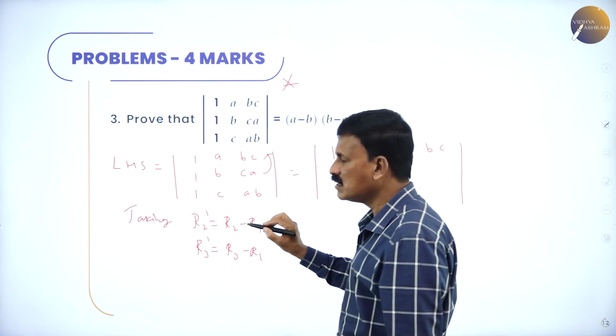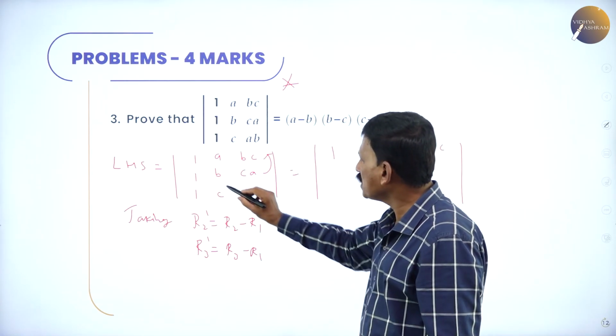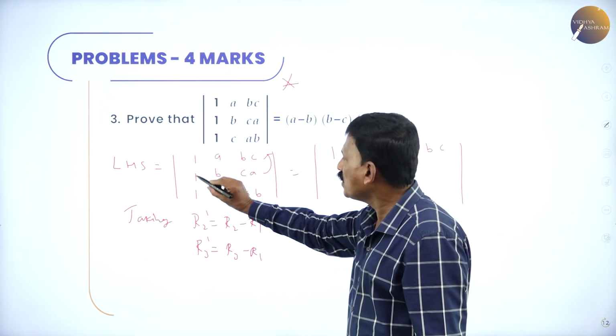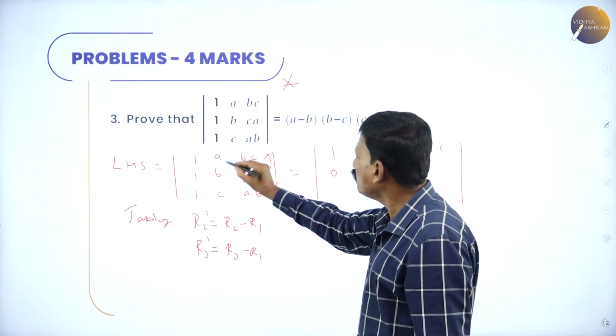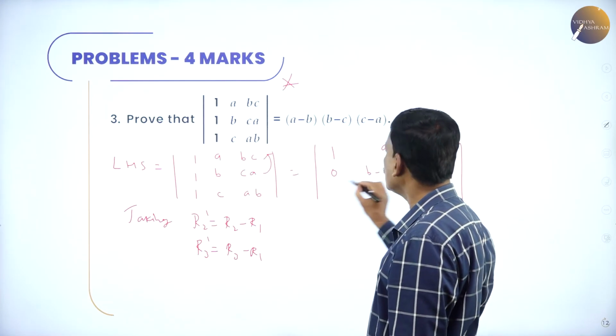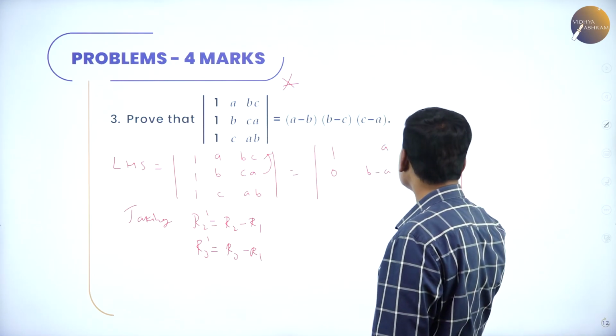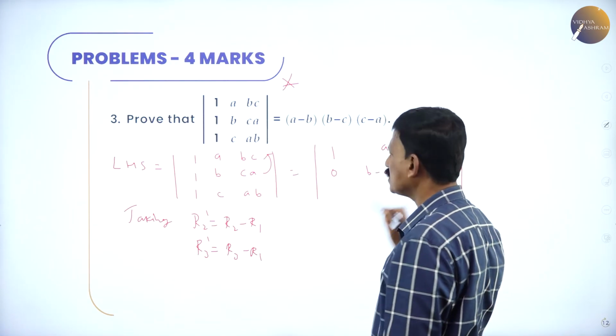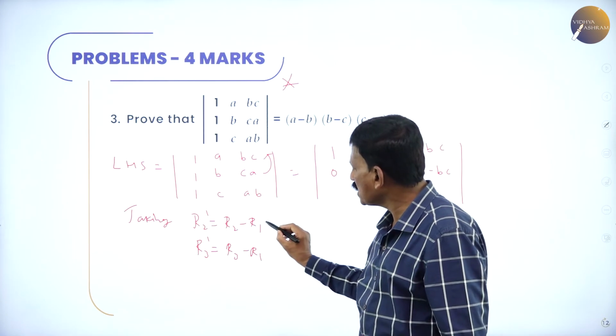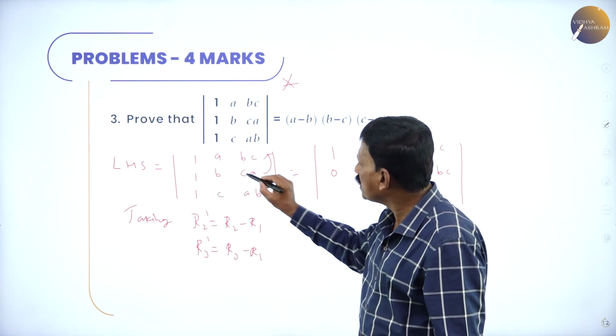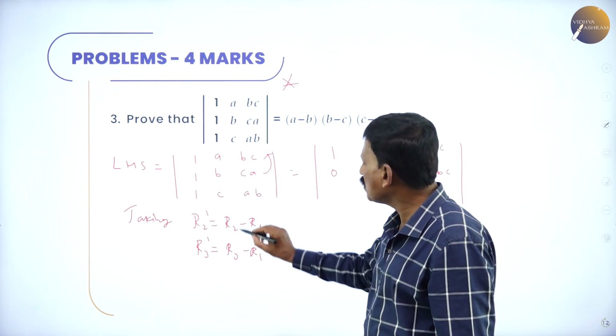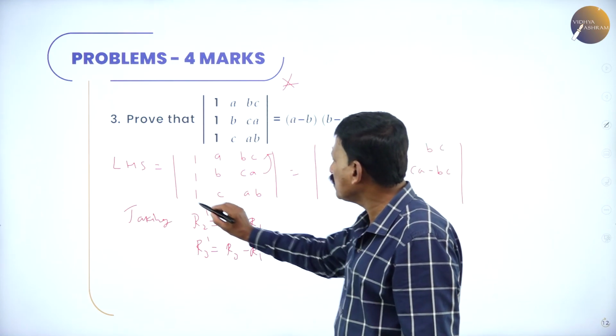Subtract this, that's all. R2 dash is equal to R2 minus R1. This minus this: 1 minus 1 is 0, b minus a, c minus a. Again ca minus bc. That is finished, R2 minus R1.